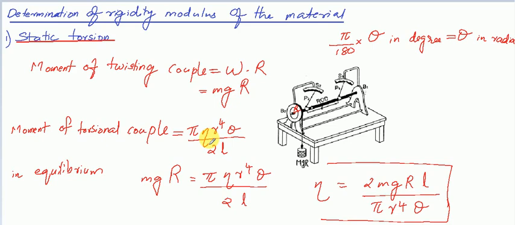So the moment of twisting couple due to external force mg is mgr, and the couple that develops inside the rod is pi eta r to the power 4 theta by 2L. In equilibrium, mgr equal to pi eta r to the power 4 theta divided by 2L.